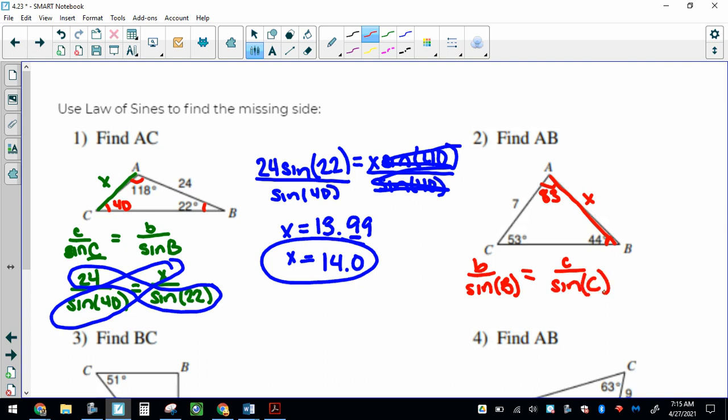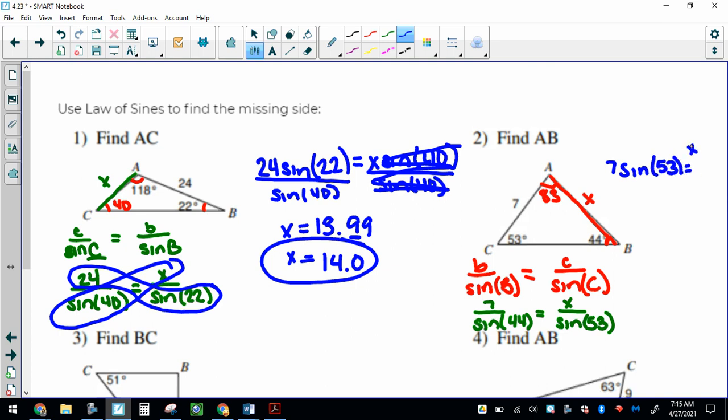All right, and from here, it's plugging in what we know. Little c over sine of big C. We're going to cross multiply, so multiply these guys and these guys. So that is 7 sine 53.